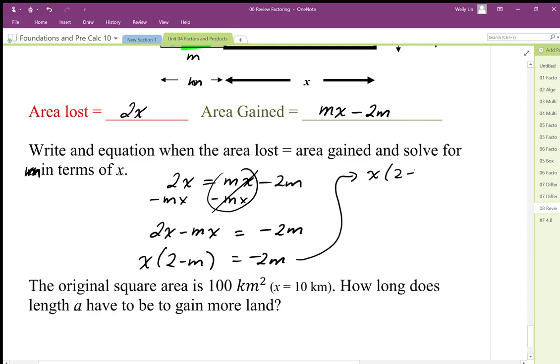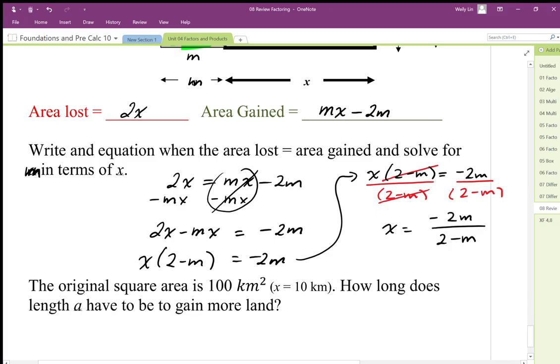So I'm just going to rewrite the equation here. If I want to get rid of the times by 2 minus m, I divide by the factor 2 minus m. If I divide one side, I have to divide the other side. Be careful, we can't cancel things like 2 and 2 or m and m. The whole bracket represents a factor. This can cancel because the whole brackets are the same. So I end up with x is equal to negative 2m over 2 minus m.